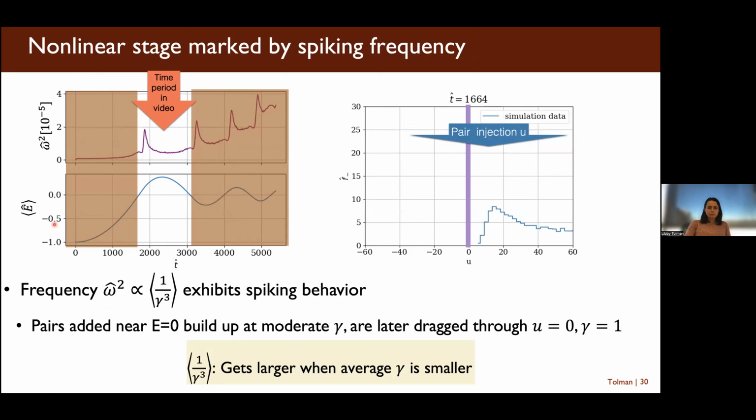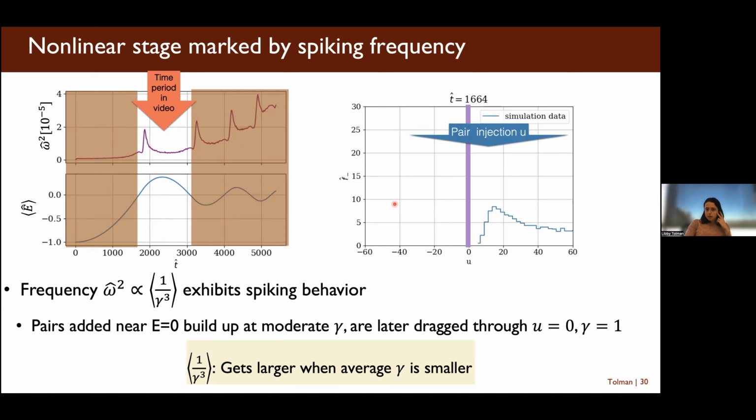I'm going to repeat my plot of electric field and frequency on the left side of this slide. We can look at one particular oscillation of the electric field, which is called out by the region in brown in this plot. To understand the frequency, we have to understand the plasma distribution function in this time period.